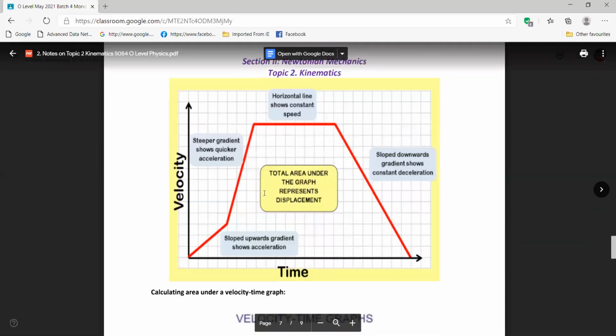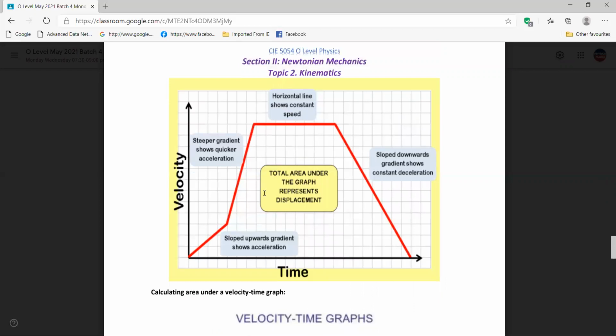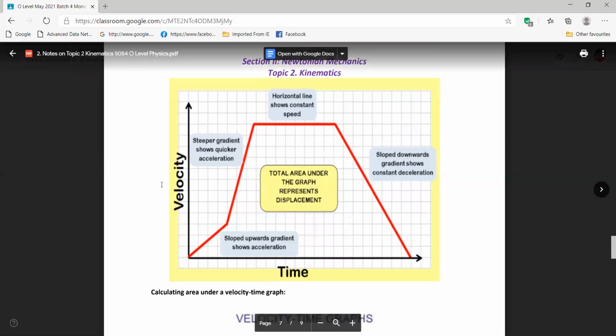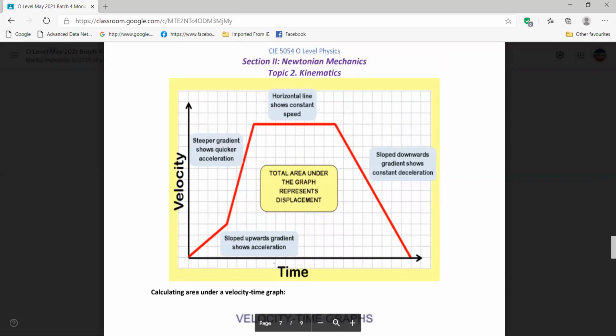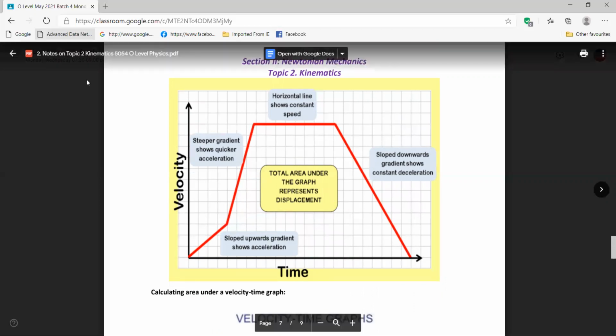So this one is a velocity time graph, right? And in a velocity time graph, the area under the graph is giving you the displacement. Sir, is it displacement or distance?